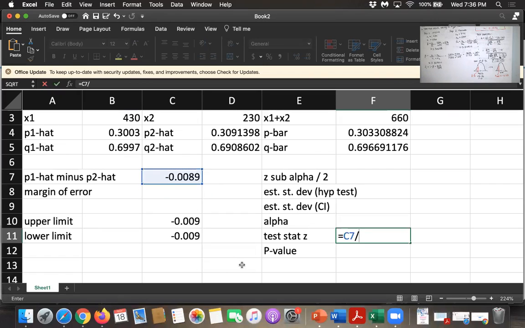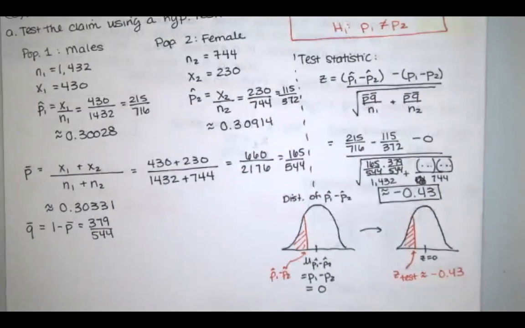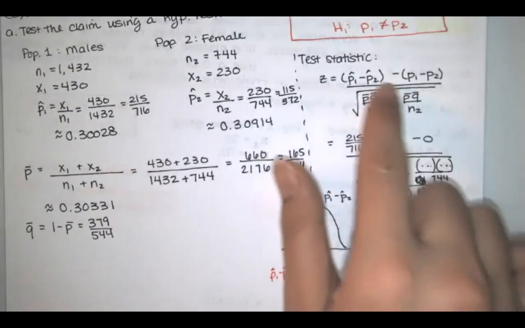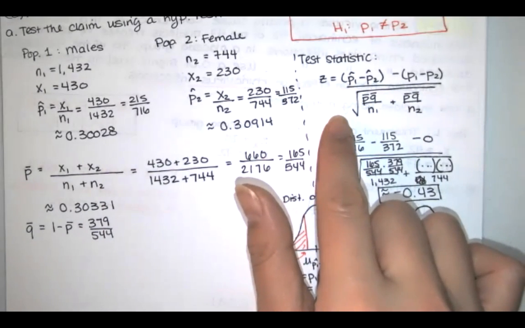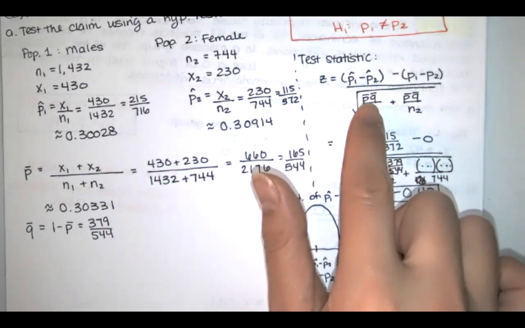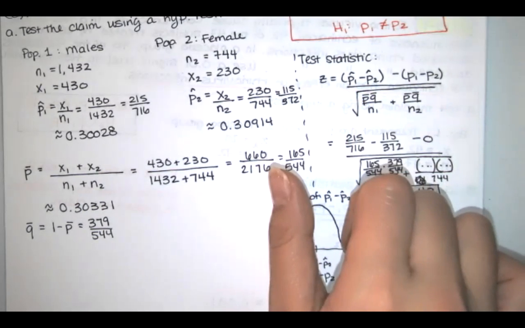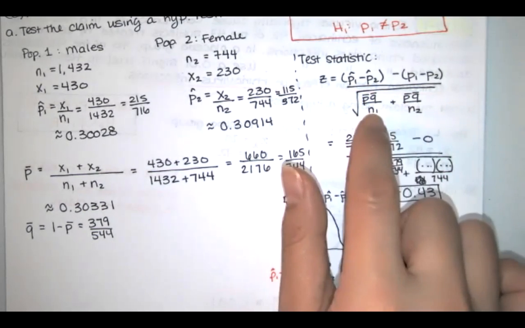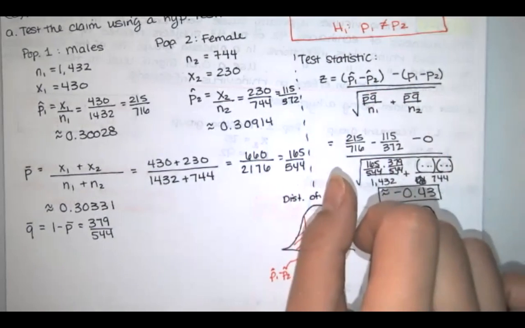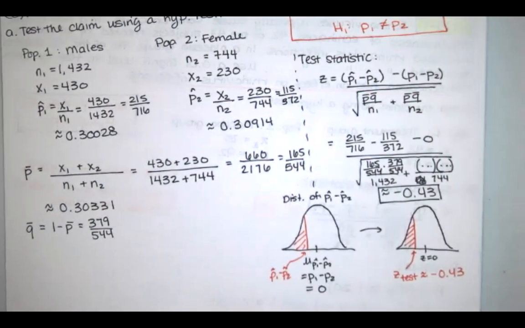And then we're going to divide by the estimated standard deviation that's associated not with a confidence interval, but with a hypothesis test. So we're going to divide by this expression right here. And that expression requires us to use P bar and Q bar. That's our pooled sample proportion, and then its complement. And then this expression right here with the N1 and the N2 as the sample sizes from the original samples in the denominator.